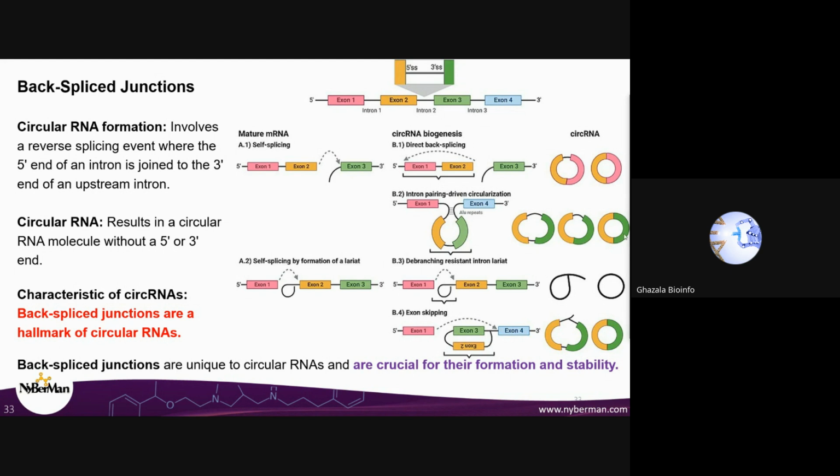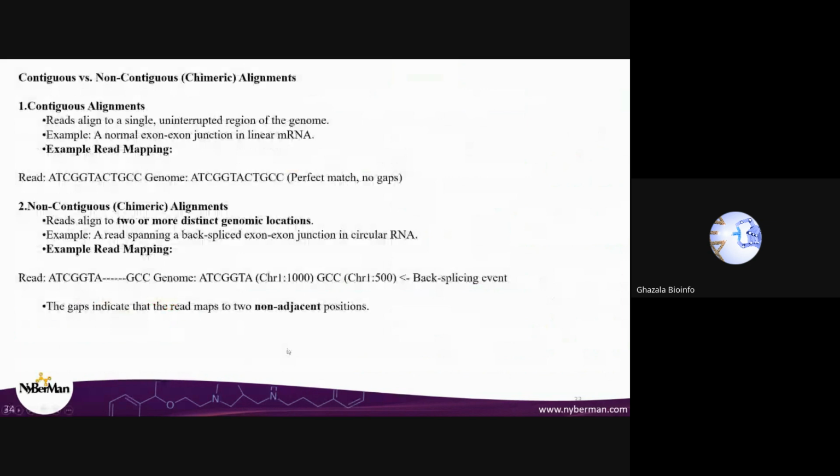And to detect where exactly backsplicing is happening in your sequence, we will be using the STAR tool for alignment. So let's first go through the theory so that we can understand.